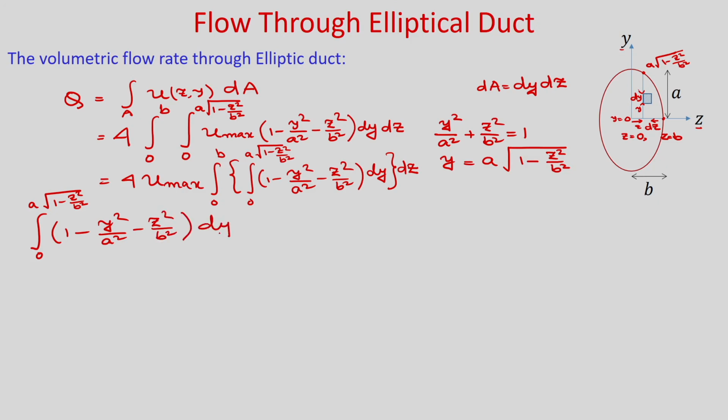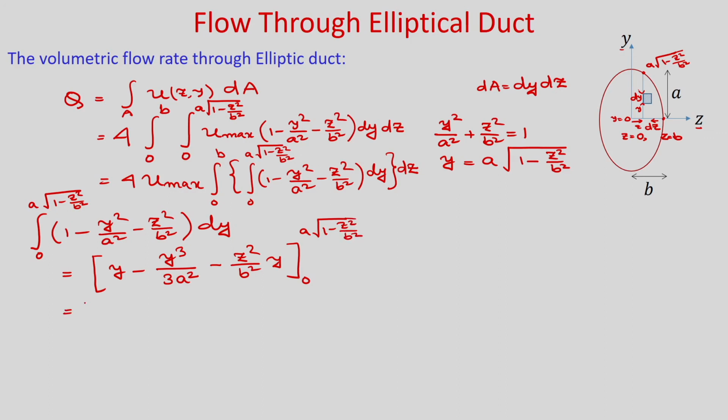First let us evaluate this. If you integrate it, it will be y minus y cube by 3 a square minus z square by b square y, limit 0 to a root 1 minus z square by b square.